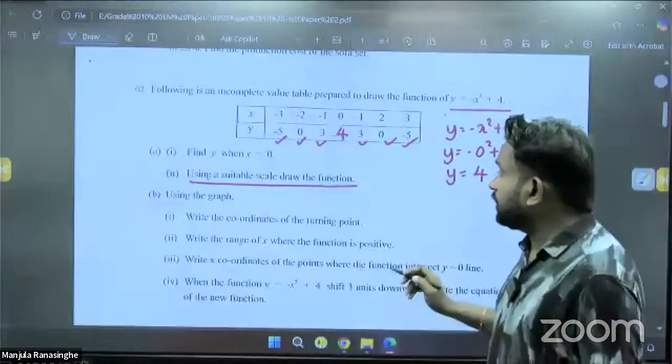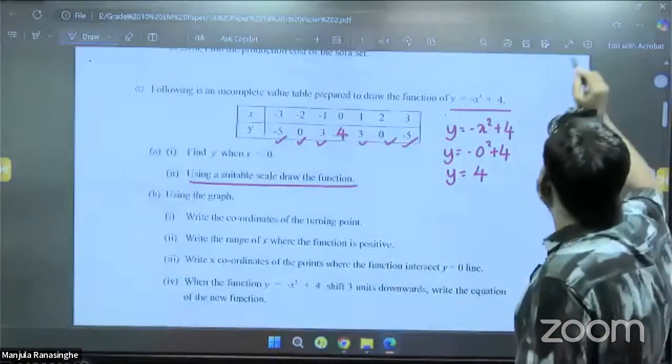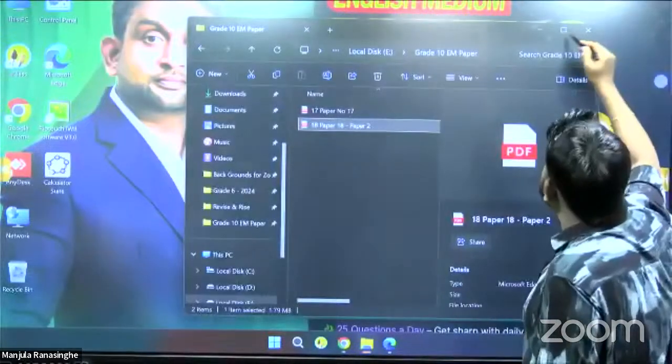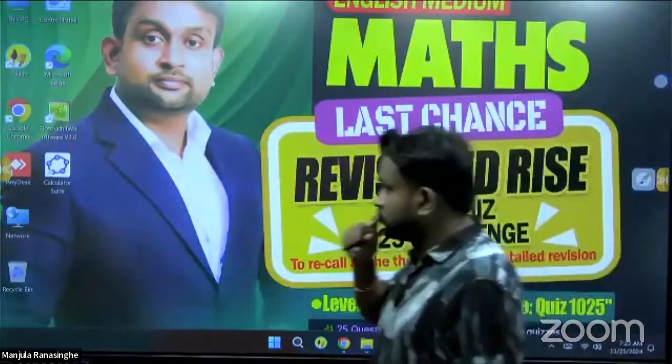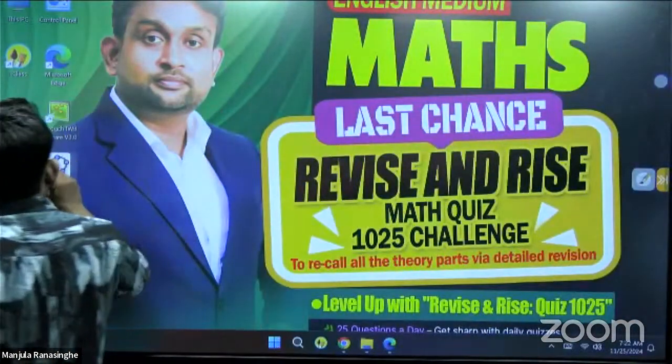Now we will plot the graph. Here I have software to plot a graph.